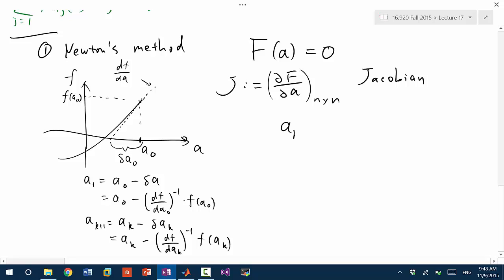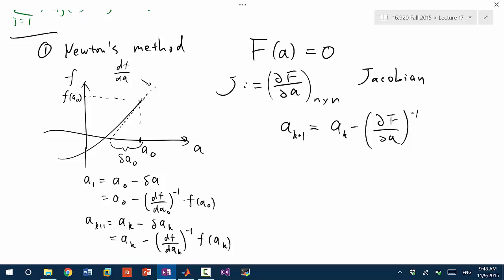So here we have a_(k+1) as a vector, no longer a scalar, equal to a_k minus the inverse of the Jacobian. Remember the Jacobian is a square matrix, so the inverse of an n by n square matrix is an n by n square matrix, times f of a_k. f of a_k is an n-dimensional vector, so an n by n matrix times an n-dimensional vector gives us another n-dimensional vector. Subtract that from a_k, and we get a better estimate of the root of the function.